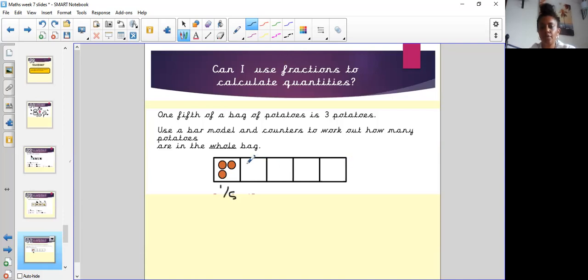So 2/5 is going to be another 3, and 3/5 is going to be another 3, and 4/5 will be another 3, and 5/5 will be another 3. So let's count how many we've got. We've got 3, 6, 9, 12, 15. So the answer will be 15 counters.